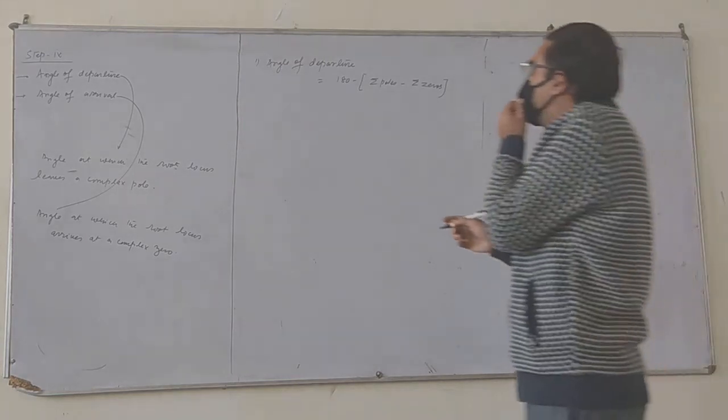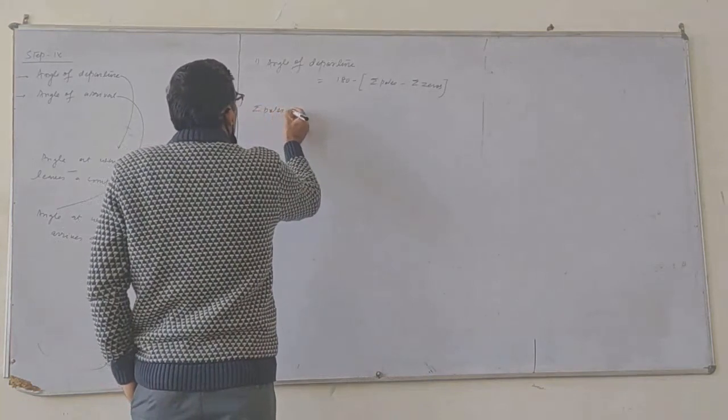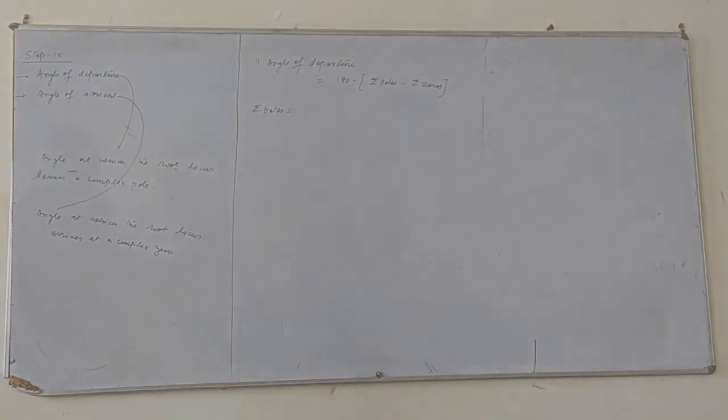What are these sigma poles? Sigma poles are the angles subtended by the remaining poles. One complex pole will be under reference, from where we have to find the angles.